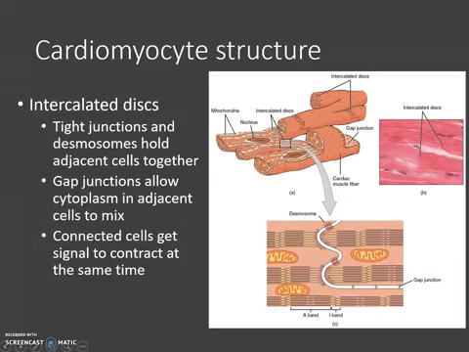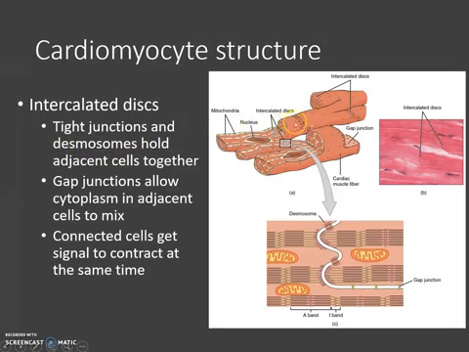Also, between adjacent cardiomyocytes, there are structures called intercalated discs, and these serve two functions. One is that they have desmosomes, which are proteins that help to hold these two cells tightly together.